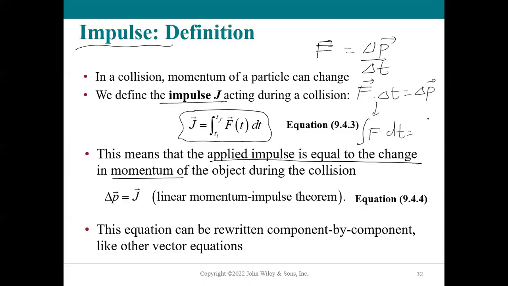So impulse means the change of linear momentum: delta P is equal to J. This is called the linear momentum and impulse theorem. This equation can be rewritten component by component like other vector quantities.